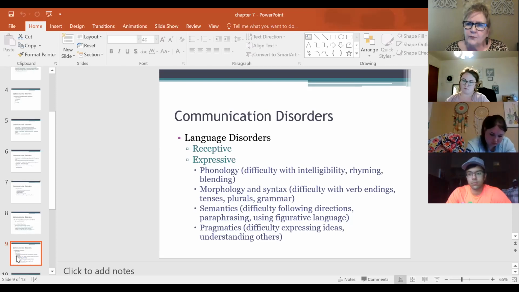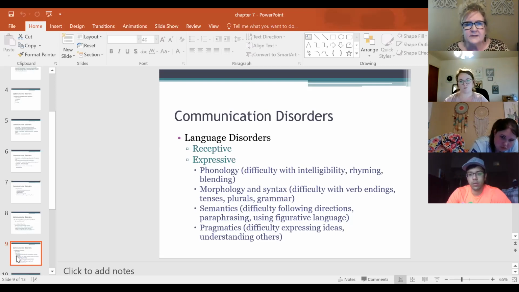Maybe they have a hard time rhyming. They have a hard time blending. And so they're just not connecting those sound bits. They don't understand that cat and hat end with the same sound. They don't understand that if you say bull, you're putting the B and the L together.